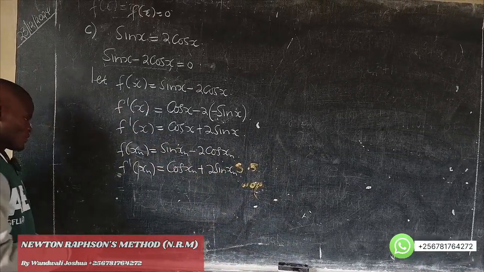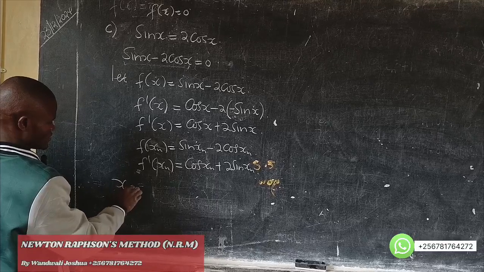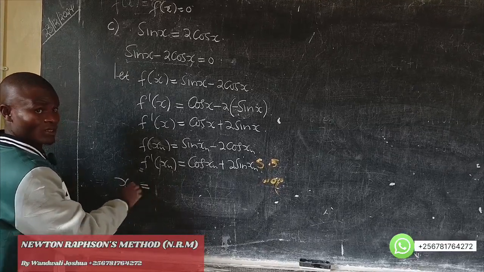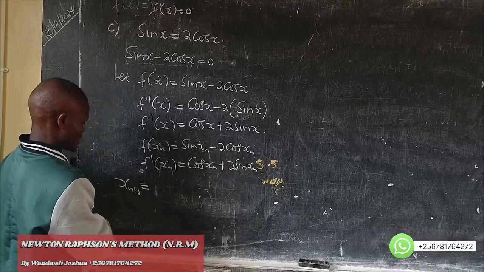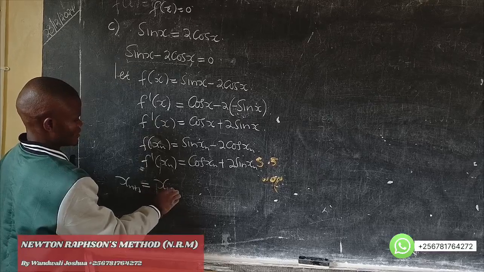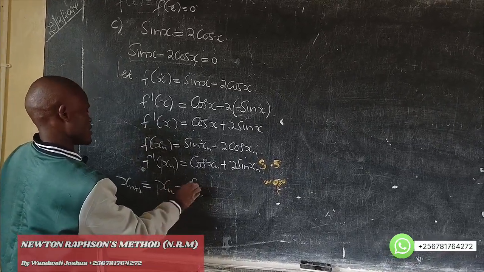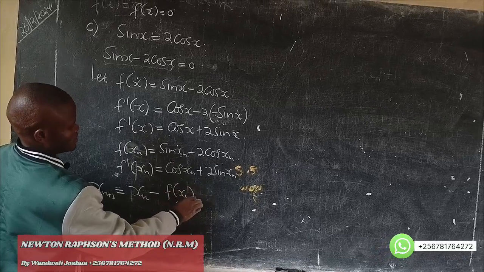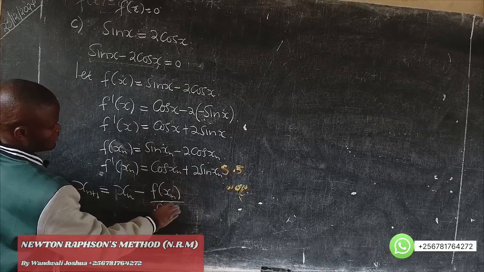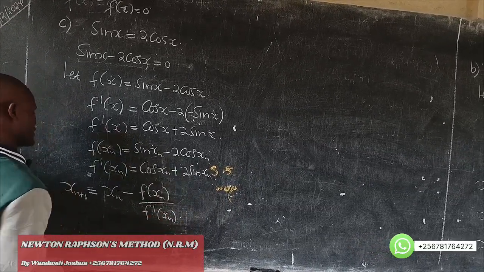So now we quote the Newton-Raphson formula that we derived, which is xn minus f of xn, the whole of this divided by the derivative of f at xn.